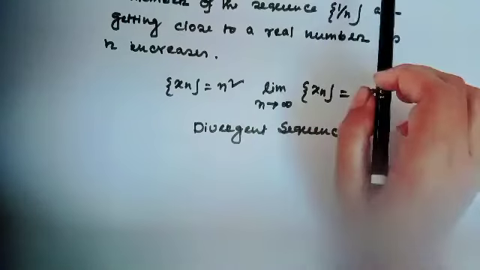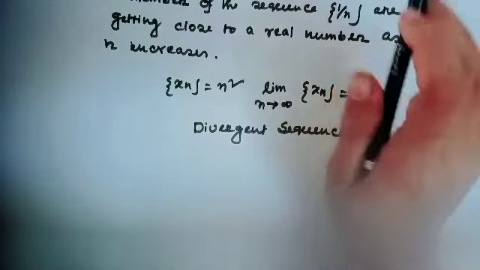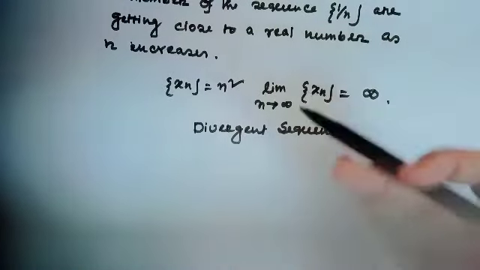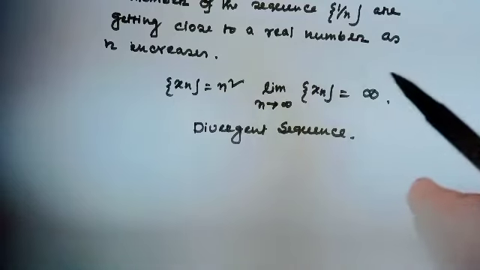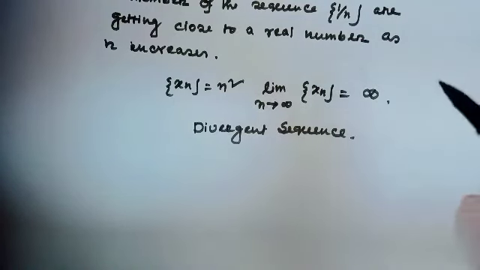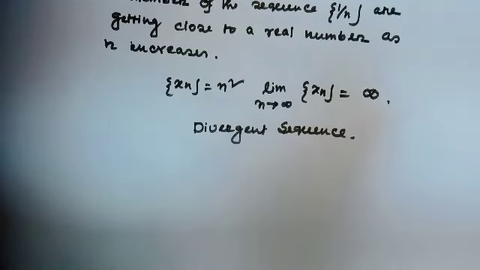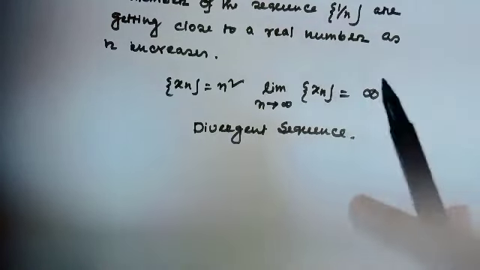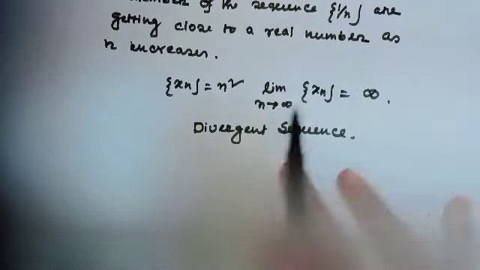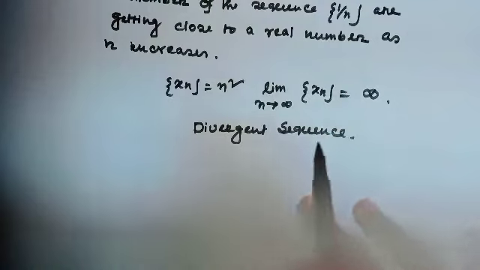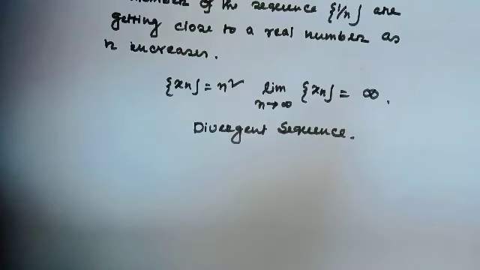Well, and this is just a notion. We are going to elaborate next what is the definition of a convergent sequence. Okay, only if the limiting value is finite, then the sequence is convergent, and otherwise it will be a divergent sequence.